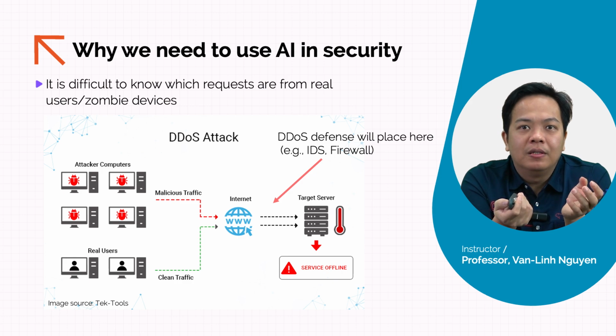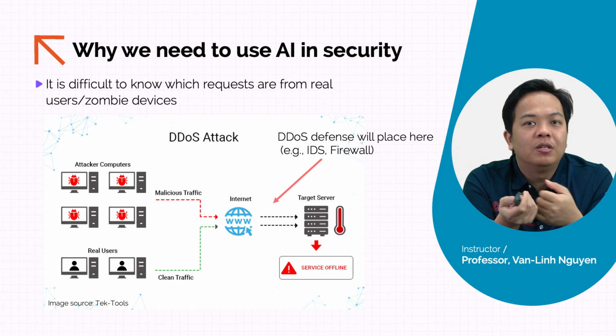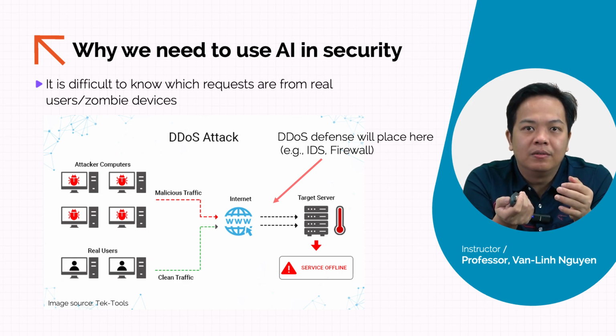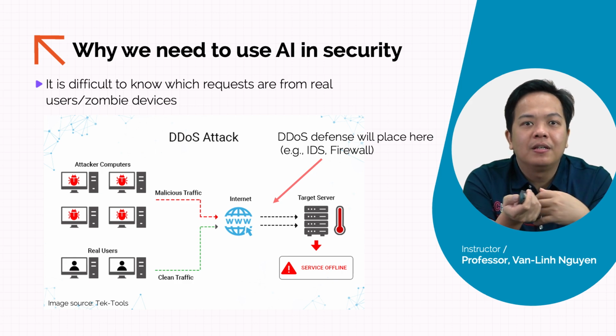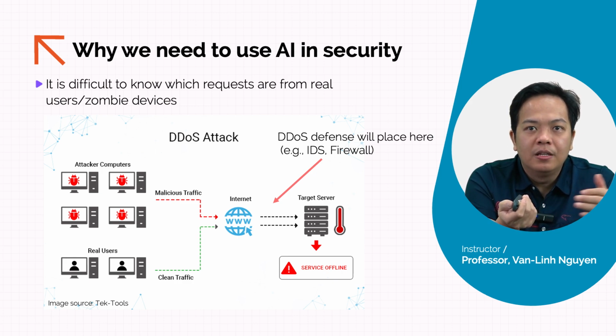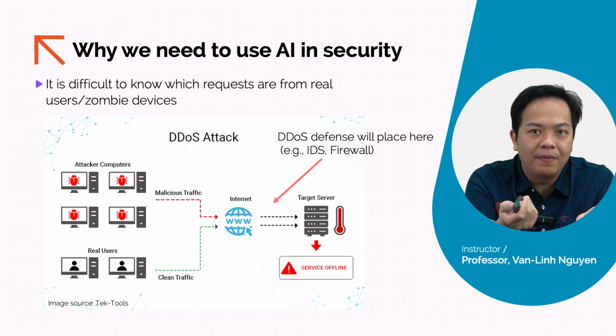They just inject the malware, but normally the computer still has some clean traffic, and the user does not know there is some malicious software or malware, so he can still use it. Everything is normal, right? So the traffic coming from that computer includes both malicious traffic and clean traffic.